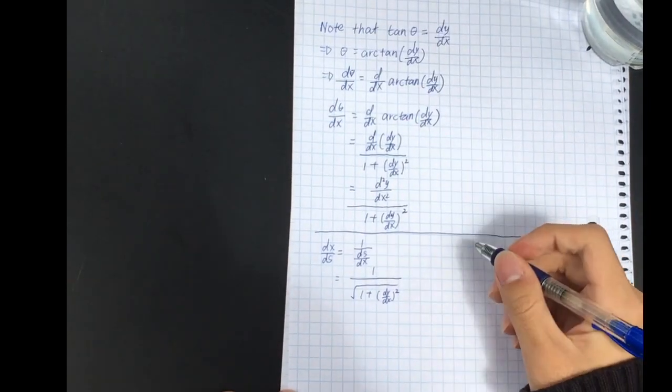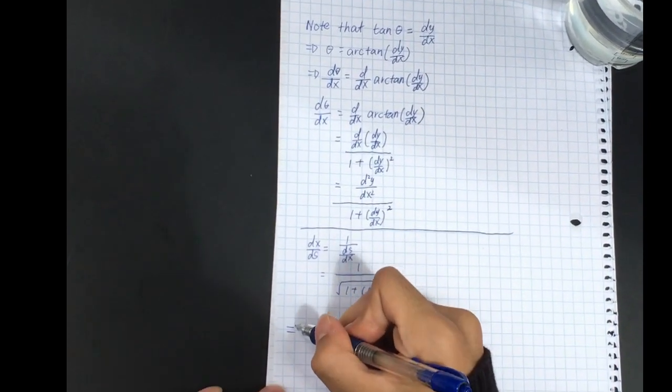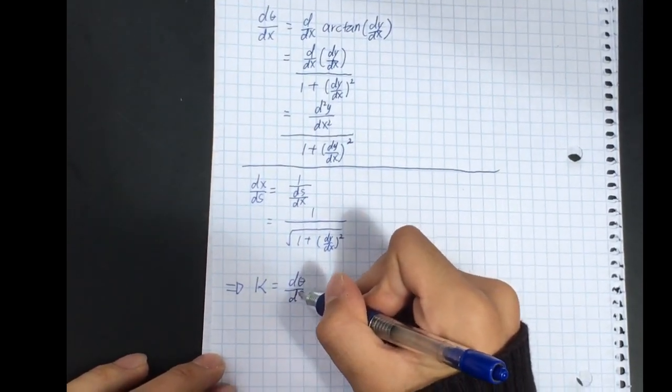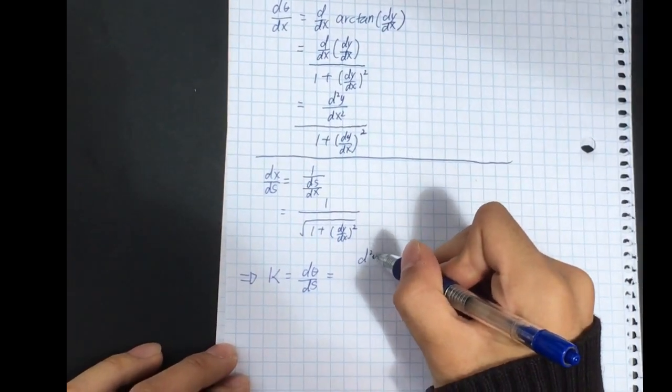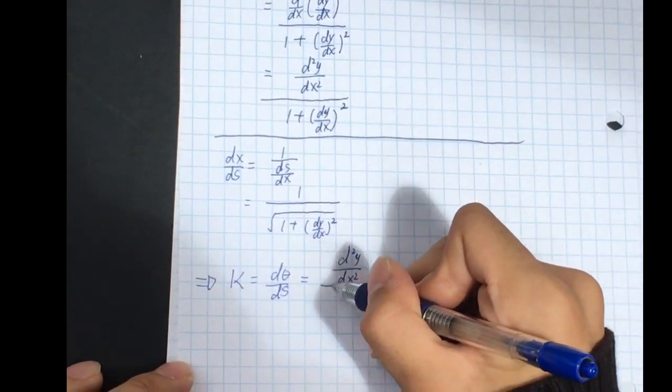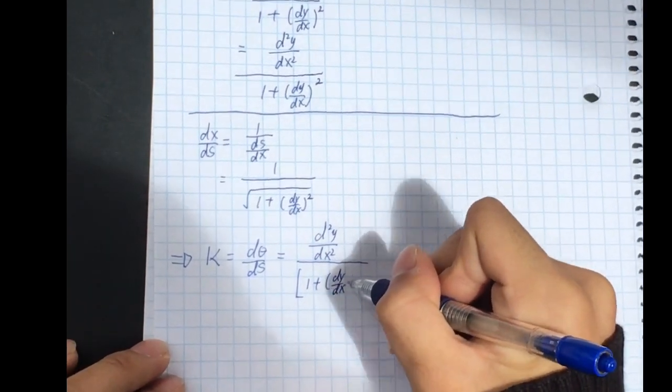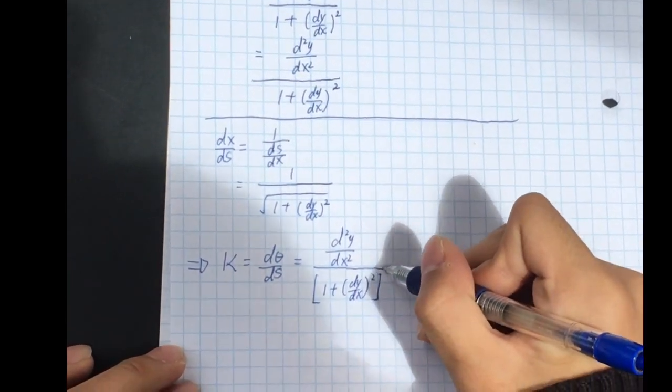Now let's put all these together to get the formula of the curvature k. K is equal to d theta over ds, which is equal to the second derivative d squared y over dx squared over the quantity 1 plus dy over dx squared to the 3/2.